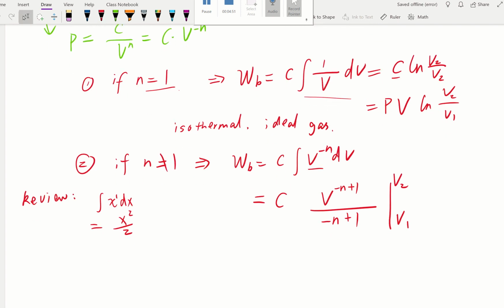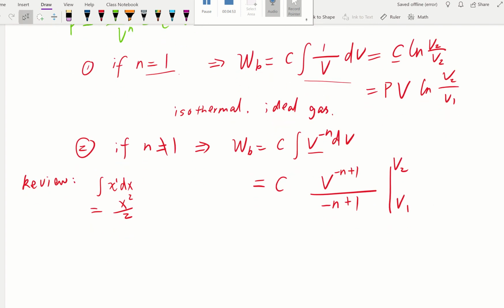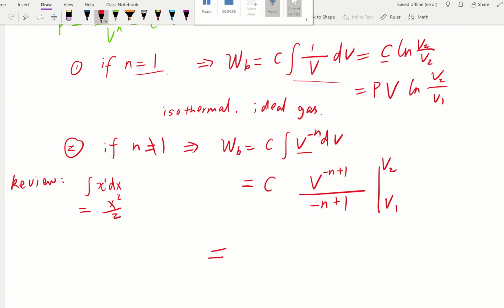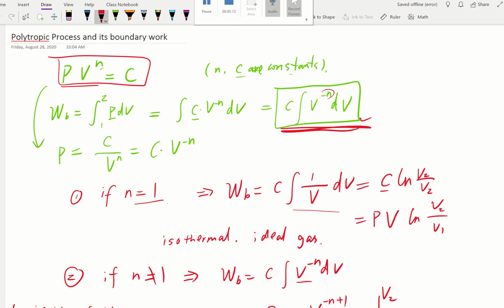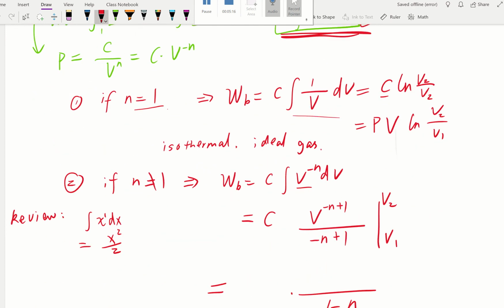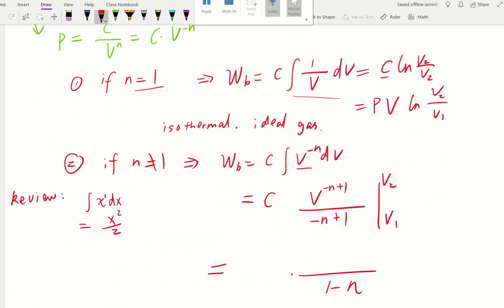All right, so when we get this, we can streamline it a bit. Here we will have 1 minus n, and our C. First we're going to replace C, because C is equal to P times V^n. So when we multiply by V2, C here is P2 V2 to the power of n, times V2 to the 1 minus n.